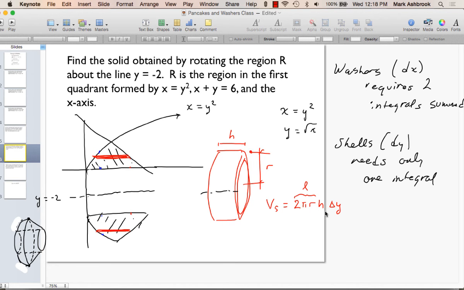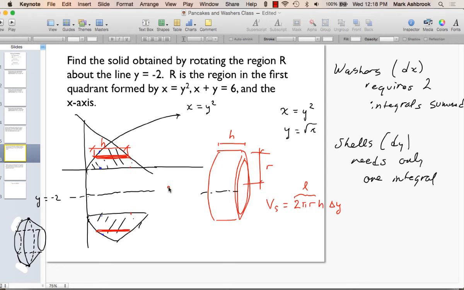So how do we find the height? The height of the shell is defined by your functions. How tall the shell is. It's going to start here and end here. This is your height.